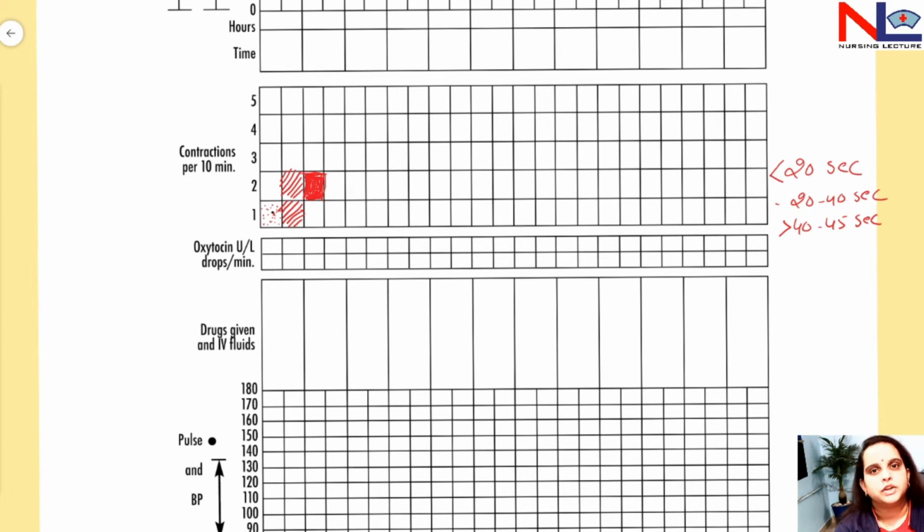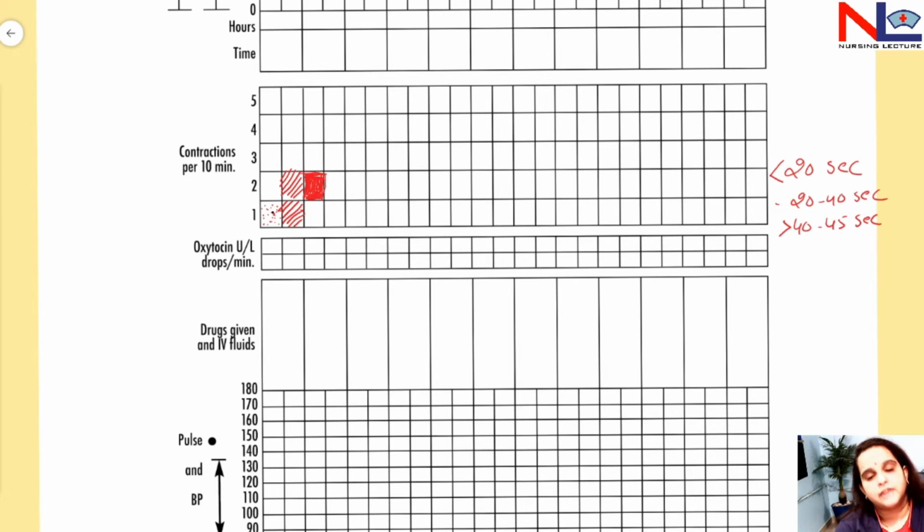That could be 20 to 30 seconds of duration, but later on, once this first stage is going to end, or it is the mid of the first stage of labor, at that time the regular interval should be 3 to 5 minutes, and it lasts for about 45 seconds.